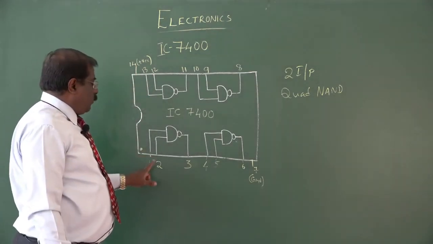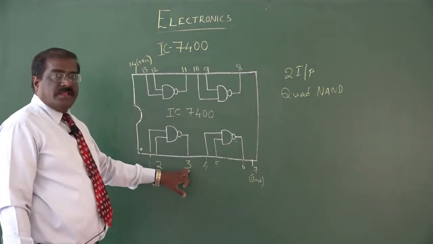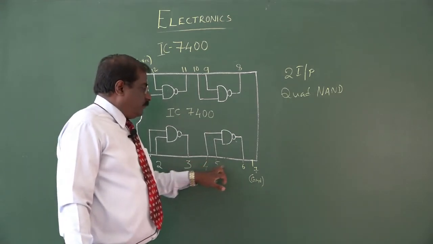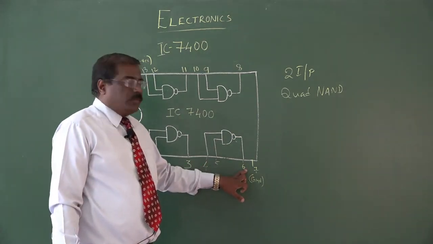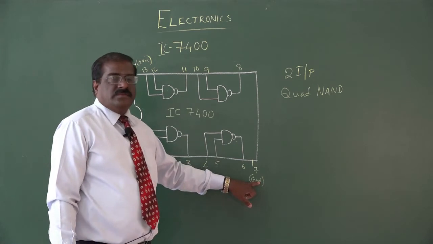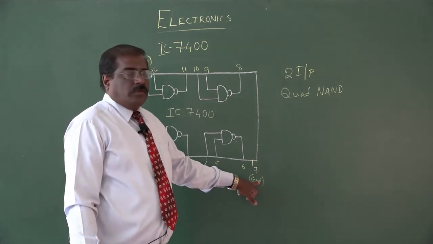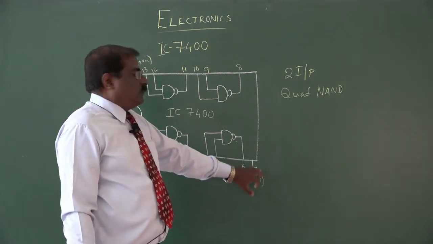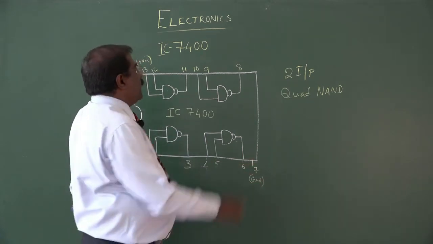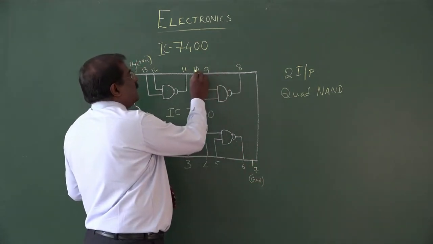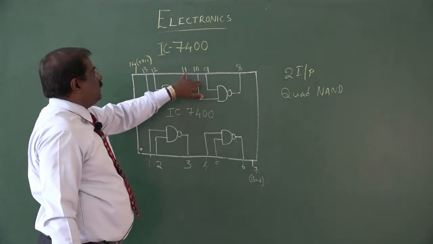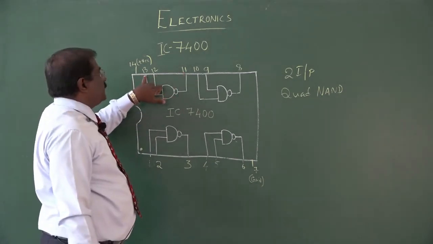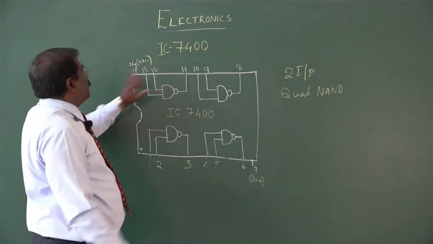Pin numbers 1, 2 will be the inputs, 3 will be the output, 4, 5 will be the inputs, 6 will be the output, 7 is ground, that is we give the ground voltage. So we should connect it to the ground. 8 will be the output, 9, 10 will be the inputs, 11 is the output, 12, 13 are the inputs.